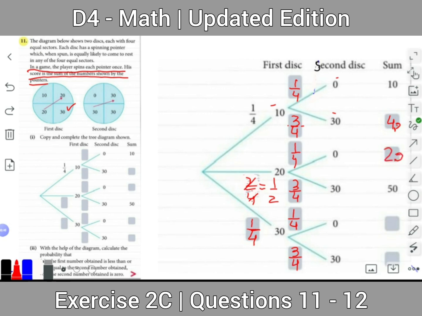And 20 add 30, the sum is 50. Now 30 add 0, the sum will be 30. And 30 add 30 will be equal to 60.